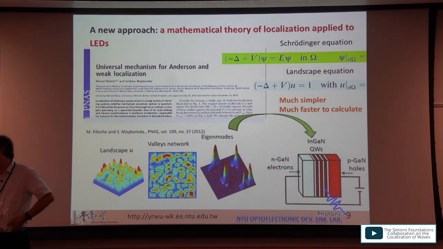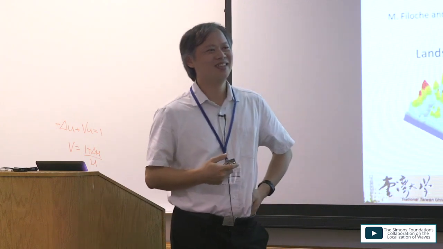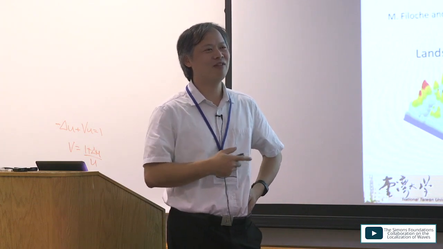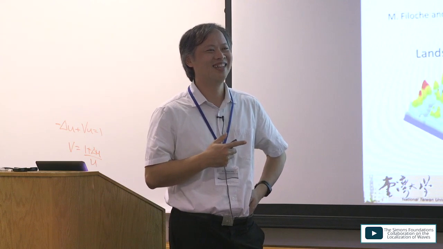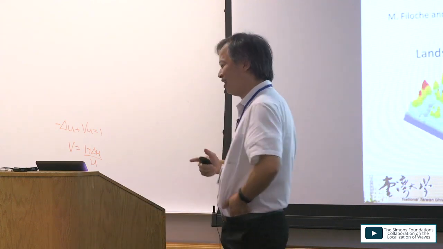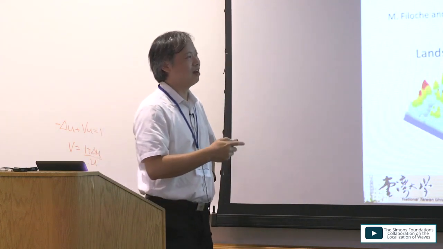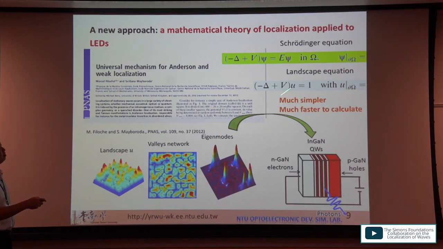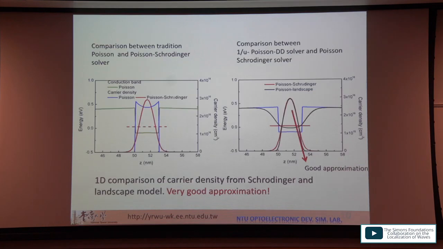It might be very hard for some people to implement this into a code, but since we developed all the code ourselves, we actually finished this in just 1 week. To tell you the truth, we already had everything ready. We have the Hamiltonian of the Schrödinger solver, so we just changed the eigenvalue problem to a boundary value problem. So we did it very quickly. And later, Marcel proved that it's a very good approximation for the carrier density.